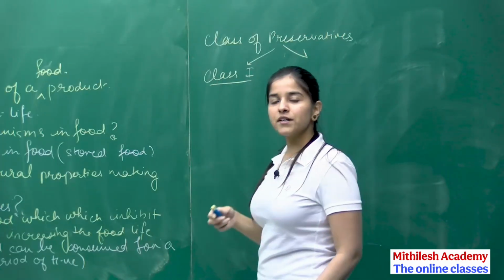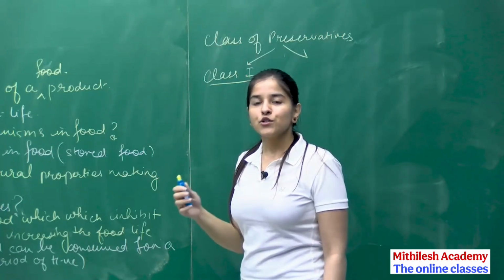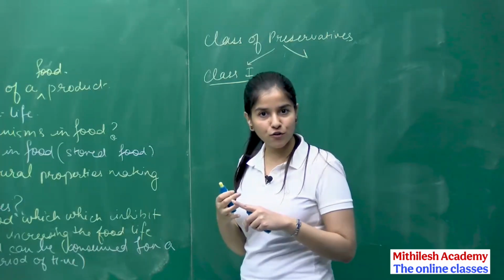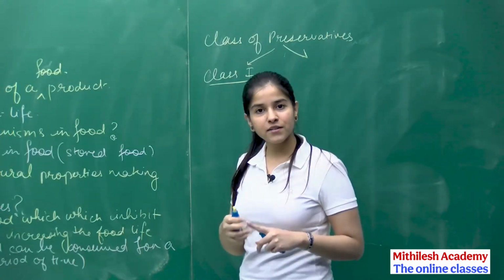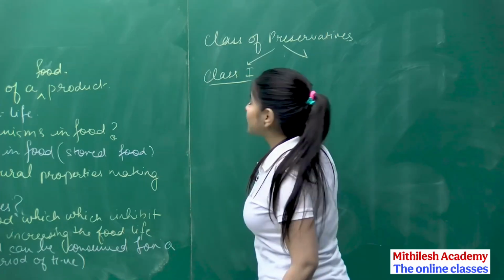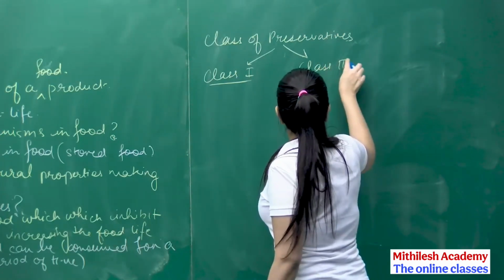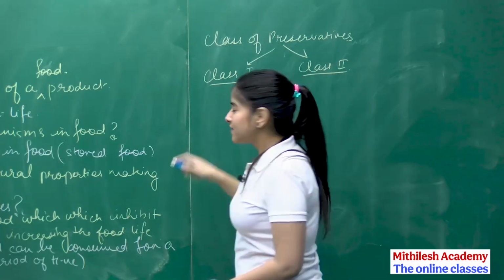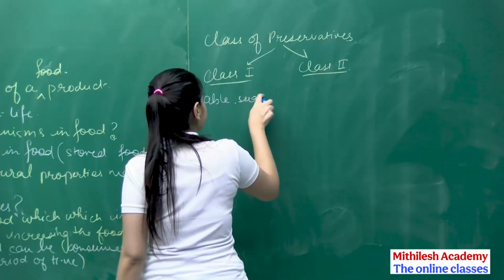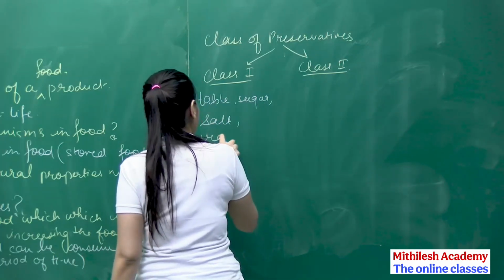You must have observed your mother or grandmother making pickles. What do they add in the pickles? They add sugar, table salt, and vegetable oil. All these are serving as preservatives under the class 1 category. So class 1 is table sugar, salt, vegetable oil.